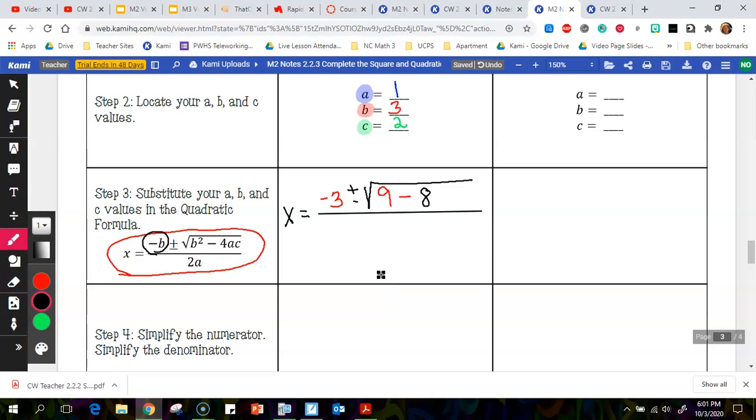So it's 9 minus 4 times A times C, 4 times 1 times 2. So that's 8. And then all of that over 2 times A. So that's 2.